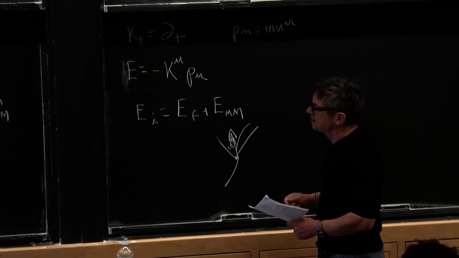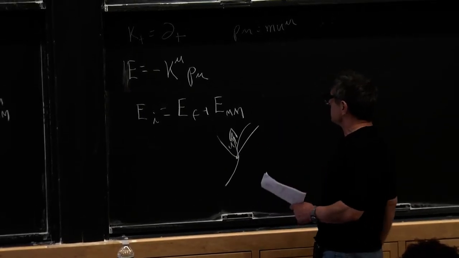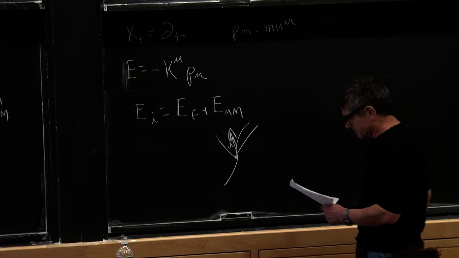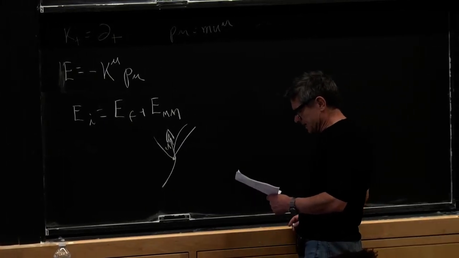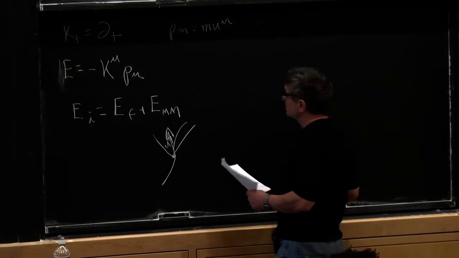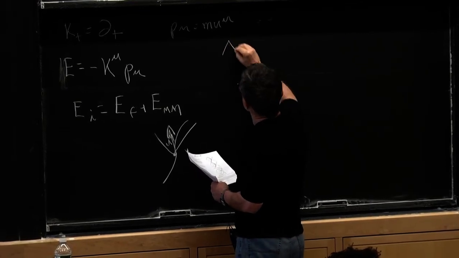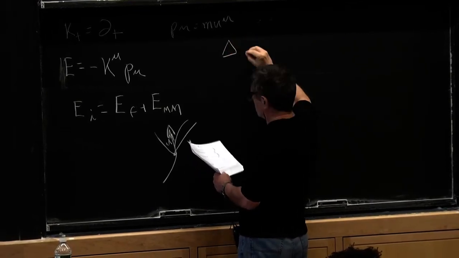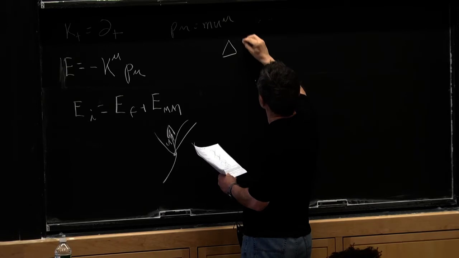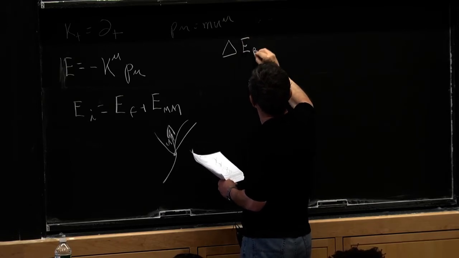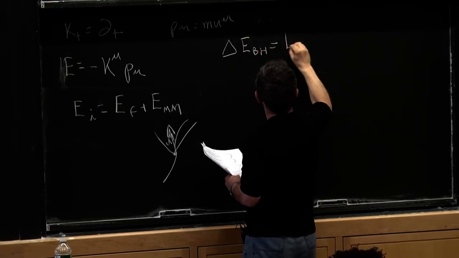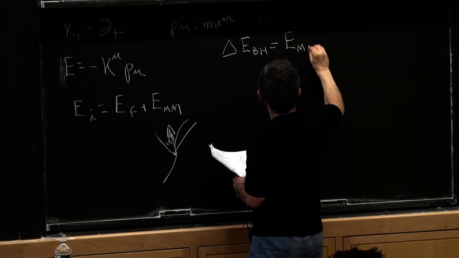Okay, so if he falls in the black hole, then delta E black hole is equal to E Matthew McConaughey.